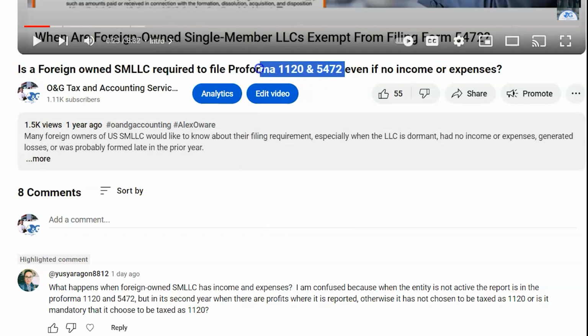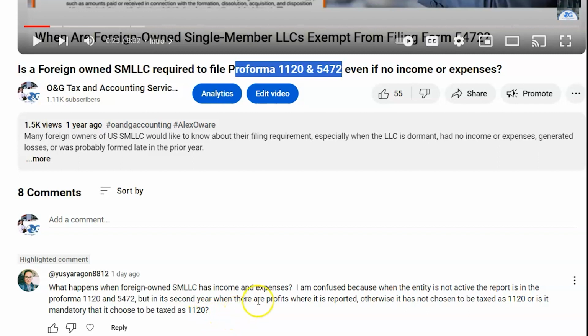The code says that as long as your LLC is owned by a foreign person and that foreign person is the single member of the US LLC, it's automatically a corporation for the purpose of filing Form 5472. You don't have to do any election.